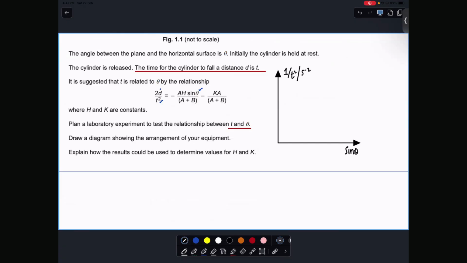So once you do that, you're supposed to get a straight line with a positive gradient or negative gradient? Negative gradient, with the y-intercept being what? Ka by a plus b into 2d or divided by 2d? 1 by 2d.